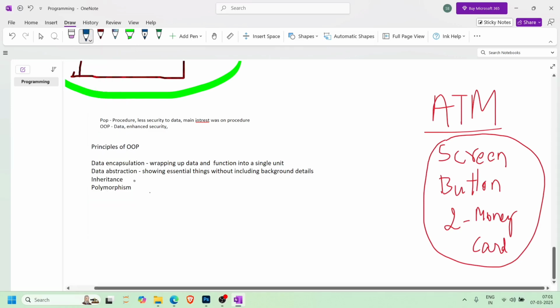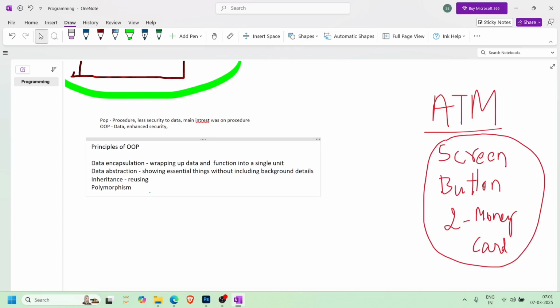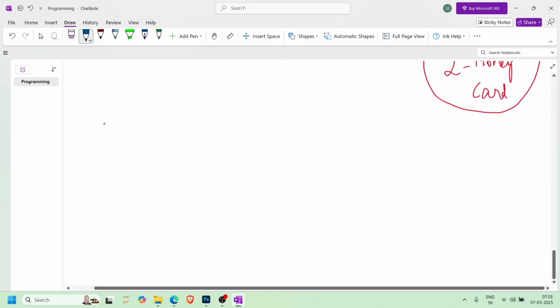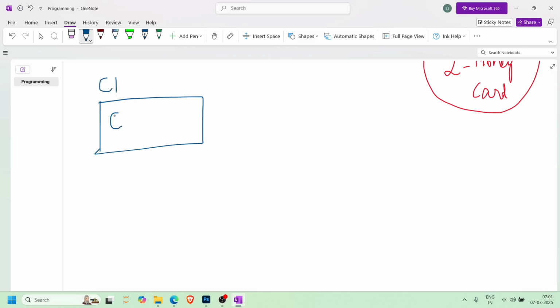Next, the third principle of Java programming is inheritance. Inheritance is reusing already present data, already present programs. For example, let us say class 1 has some data and some procedure 1.